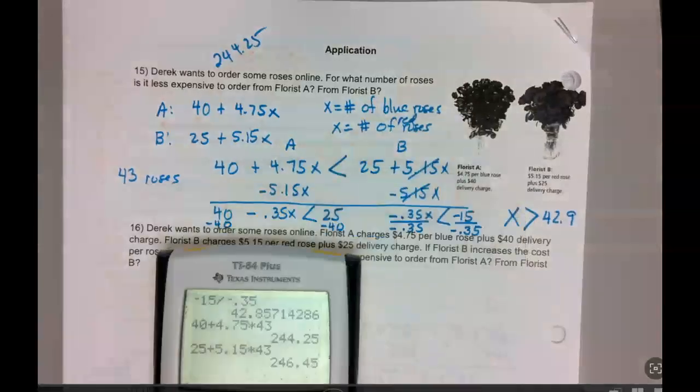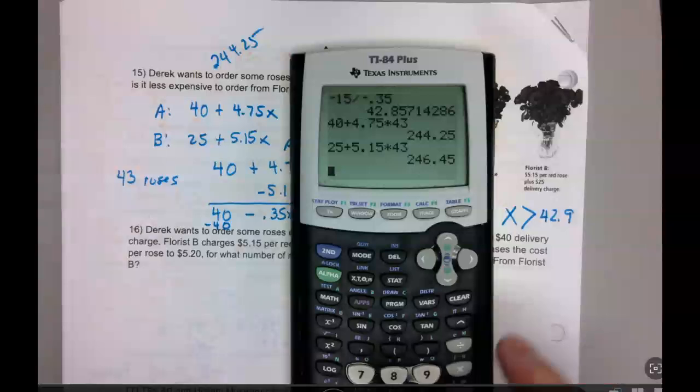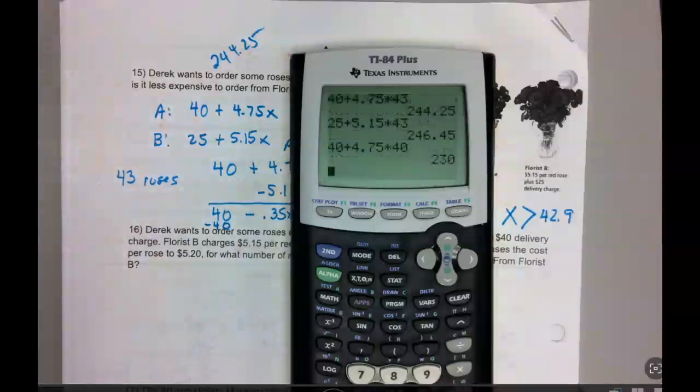So right at 43 roses, A will be cheaper than B. Let's put in 40 roses and see what happens. Just 40. 40 plus 4.75 times 40 equals $230, and then 25 plus 5.15 times 40.